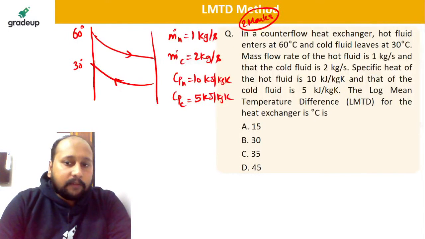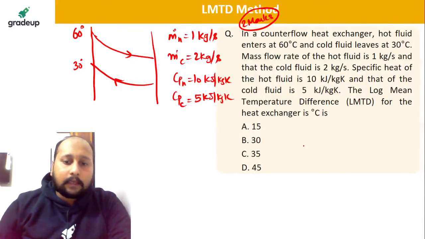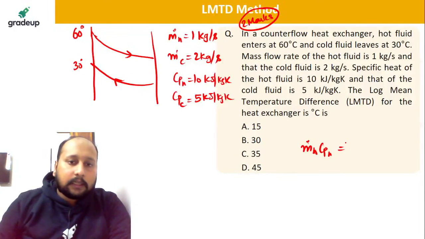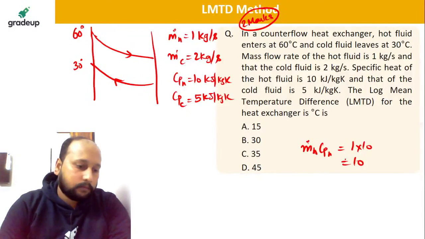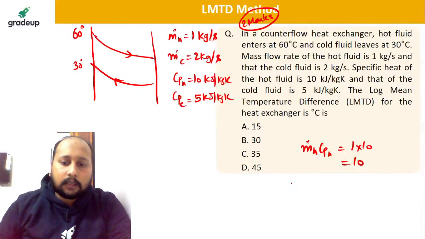If you observe closely, if I calculate m dot h cph, this is equal to 1 into 10, which is basically equal to 10. Leave the units. M dot c cpc, because both are having same units, it is 2 into 5, which is equal to 10.